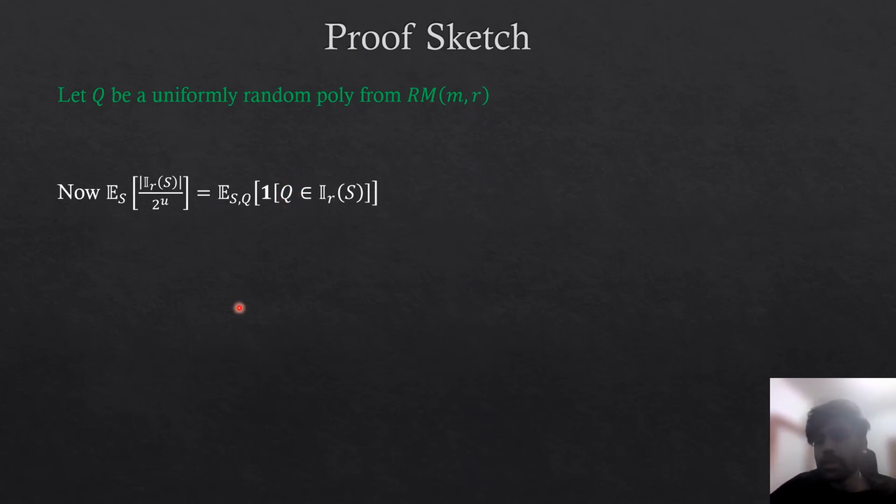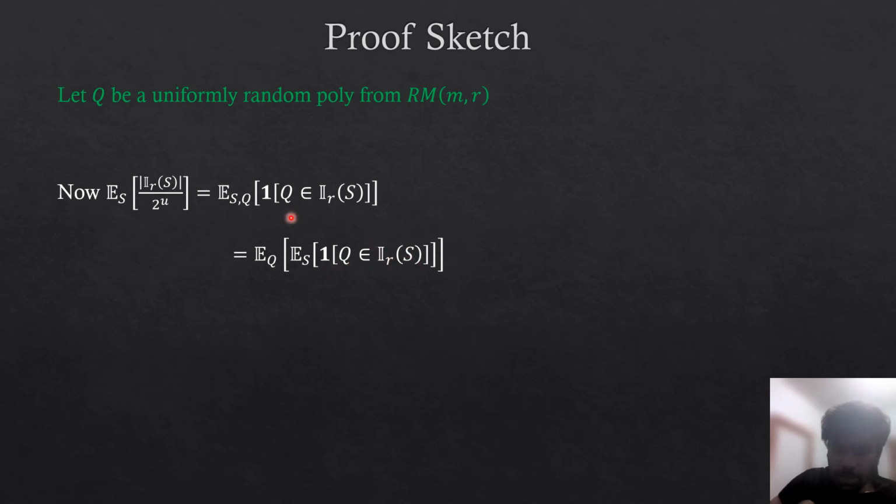That is going to exactly give you the fractional size. But since s and q are independent, we can do this magical swap of expectations, and say that I could have chosen this random polynomial q in the beginning, and then thrown these k random points, and asked whether q belongs to IRS.